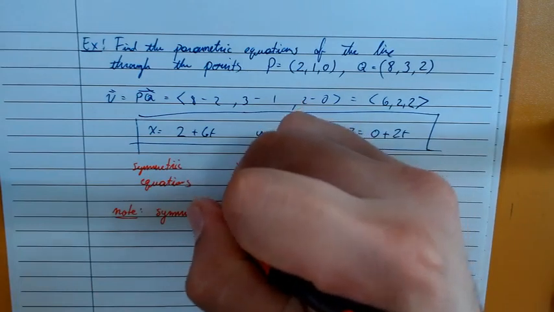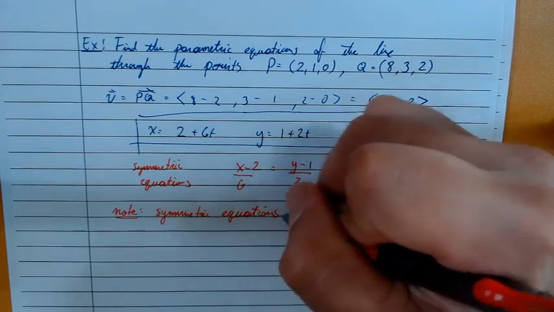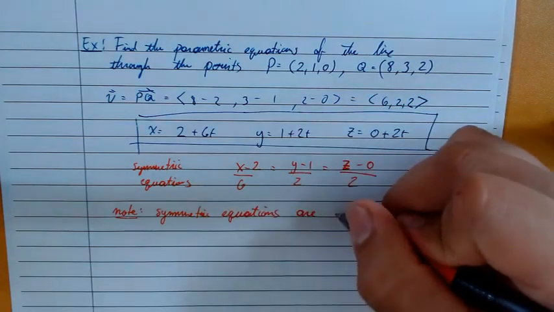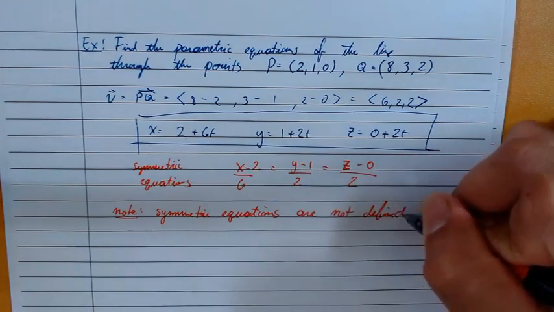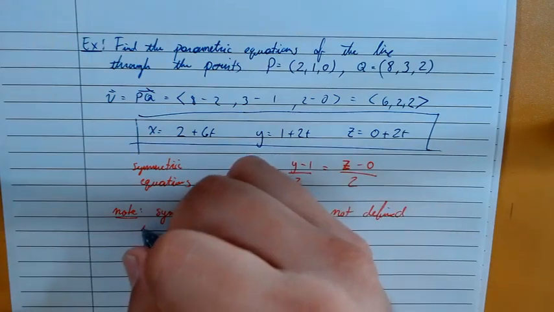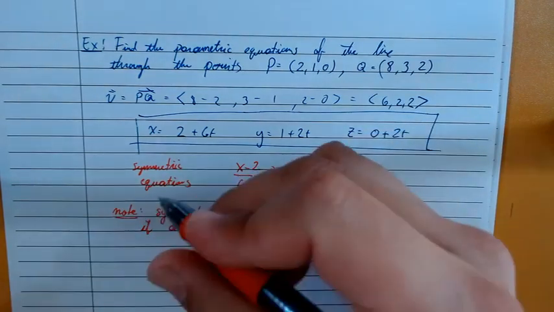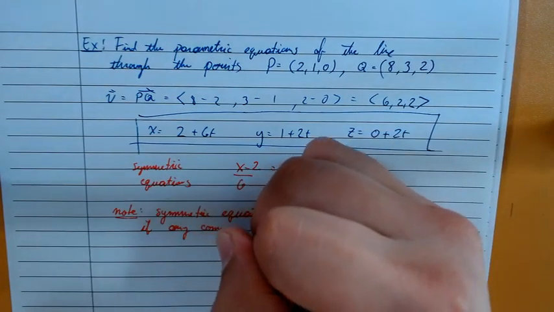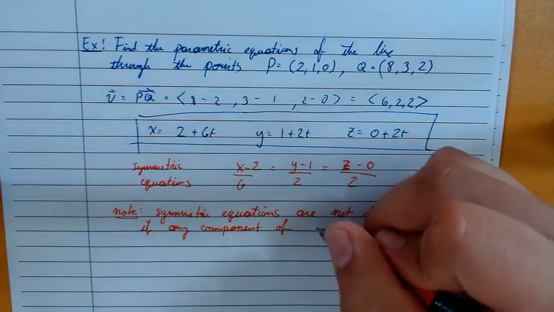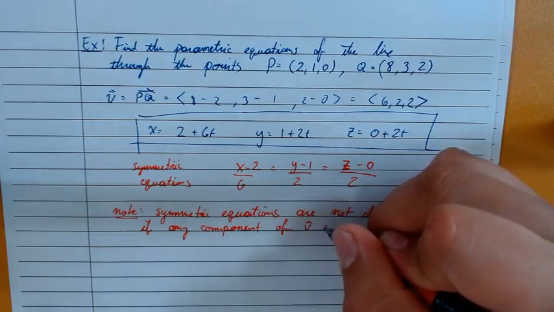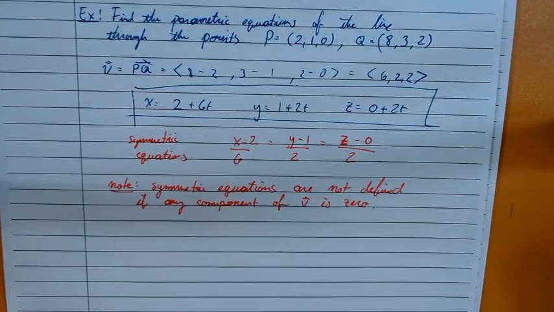Symmetric equations are undefined if any component of v is 0. All it takes is one. All right, there we go.